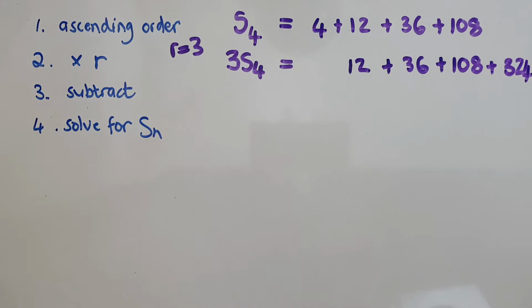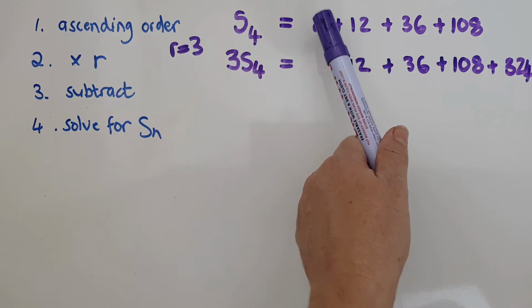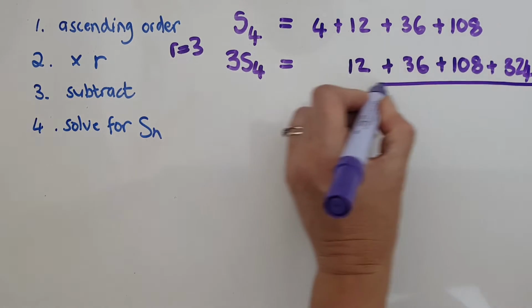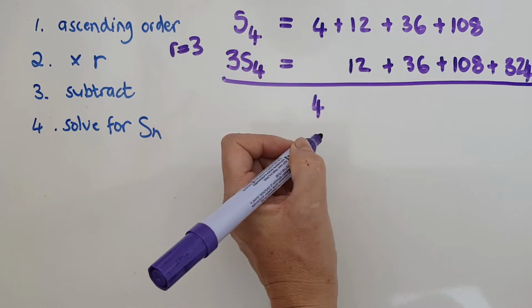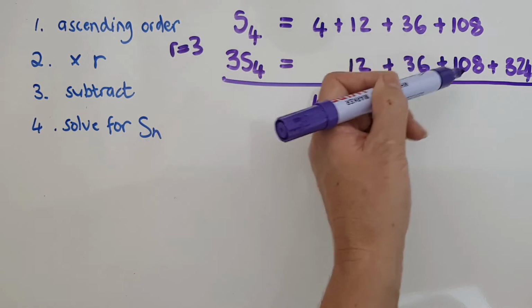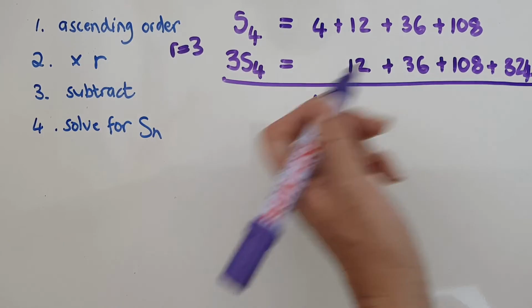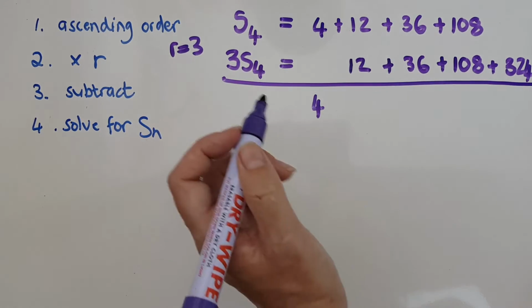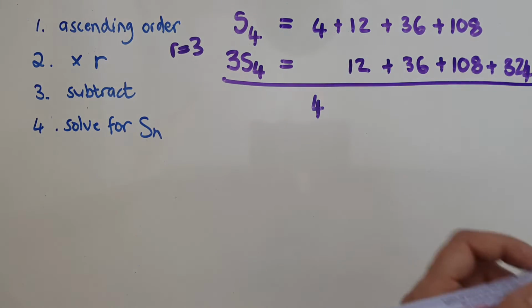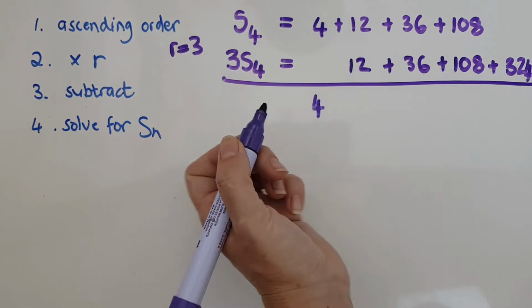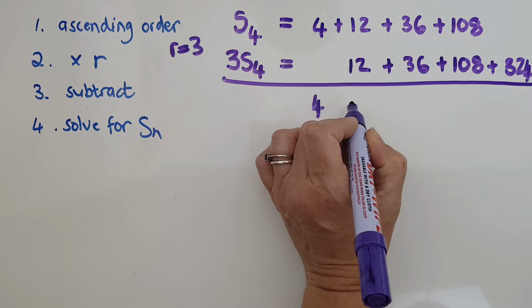Okay, so if I subtract them, which is what I'm going to do, obviously I'm going to get 4 here because there isn't a 4. But do you see that when I subtract all the others, I'm going to get 0 except for the last one, which in this case is the 4th term. It's T4, but it would then be Tn if it was all the things with variables in it.